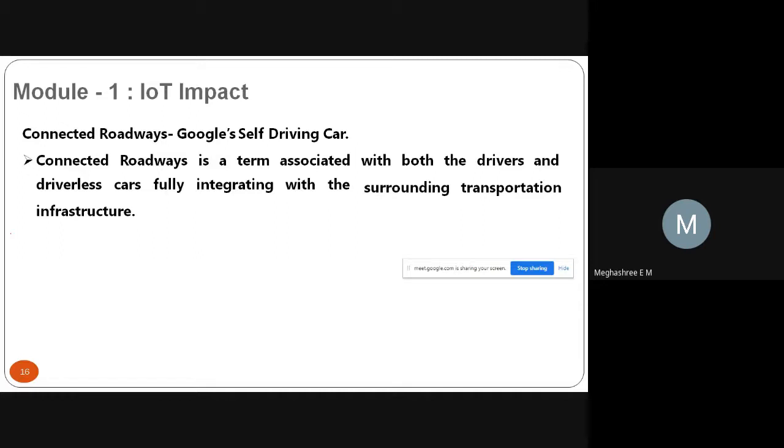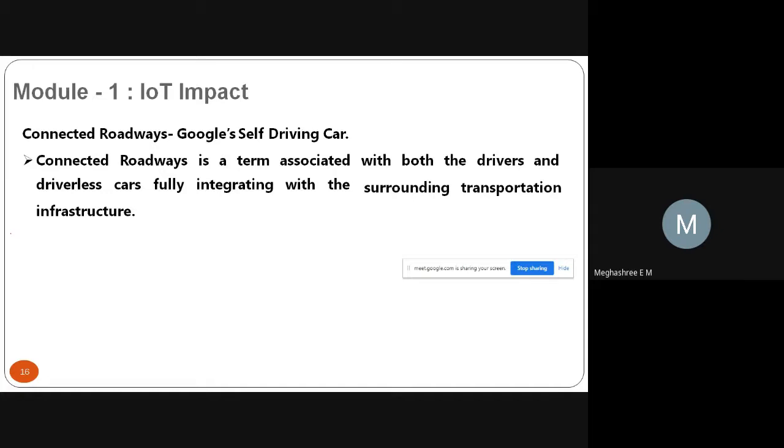That means when you travel over the road using your car or any vehicle, sensors will be deployed at certain distances. These sensors may collect information on whether there is congestion on the road, or whether there are natural calamities, or whether there is rain in that area.